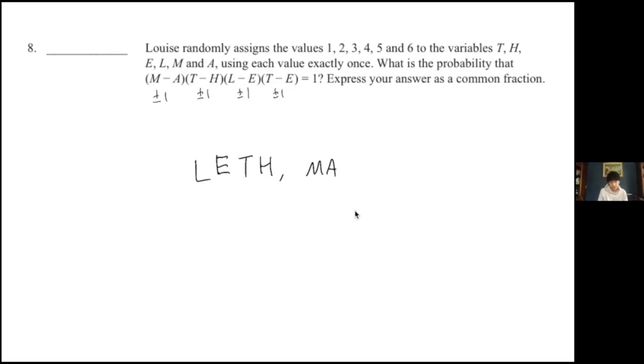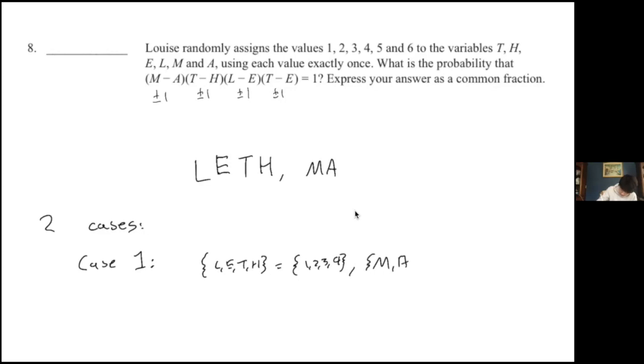And then this means that we either have that LETH is 1, 2, 3, 4, and MA is 5, 6, or we have that LETH is 3, 4, 5, 6. Actually, I'm going to write this a bit more clearly. So we have two cases. Case 1 is that LETH is the set 1, 2, 3, 4, and MA make up 5 and 6.